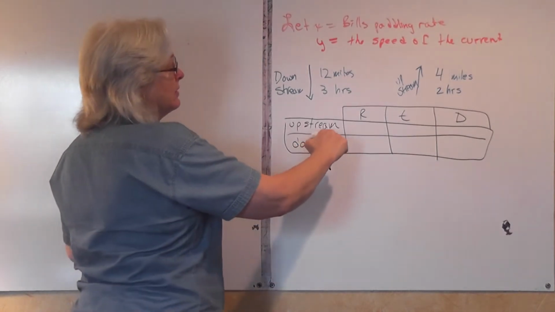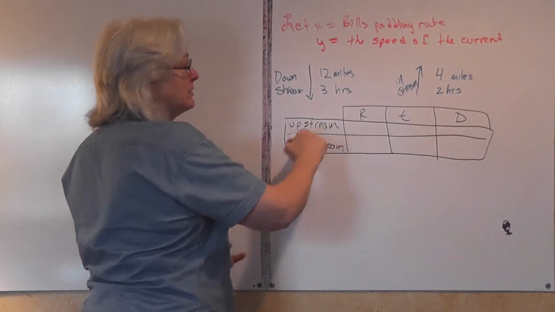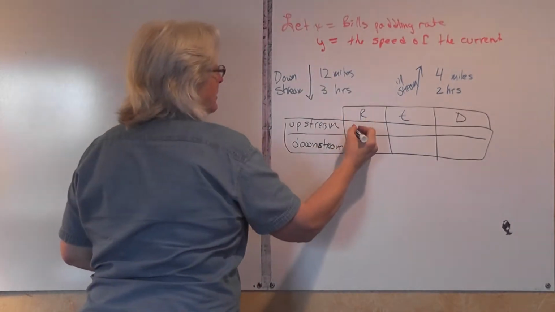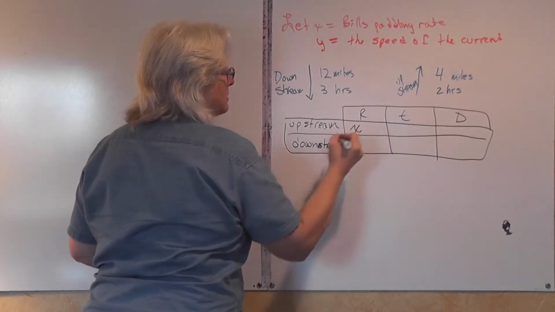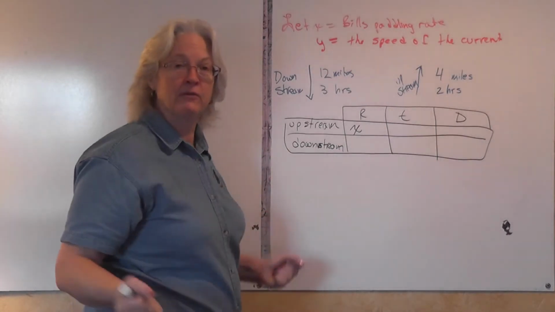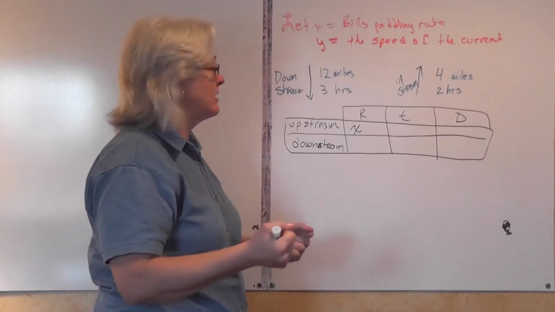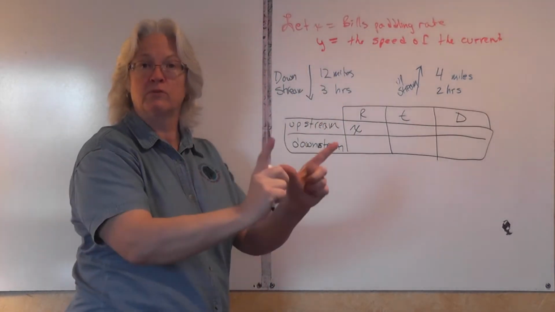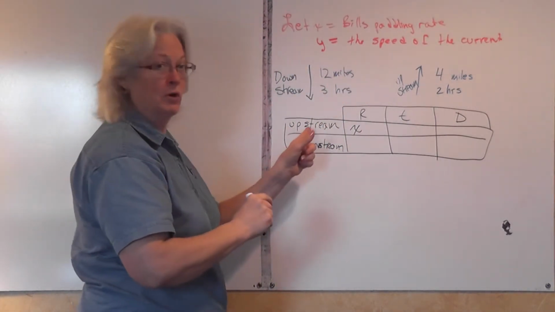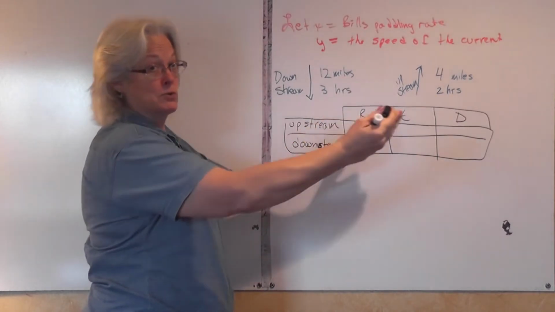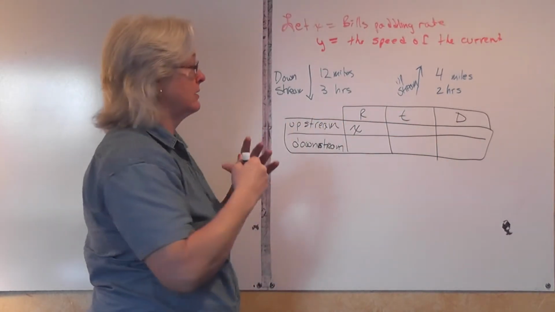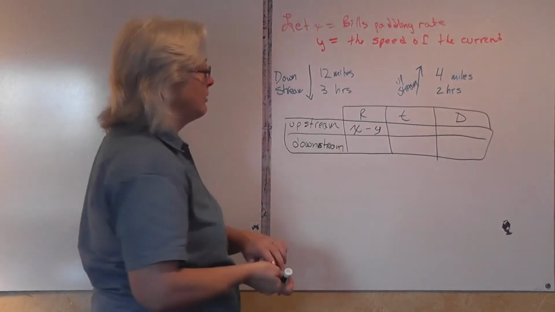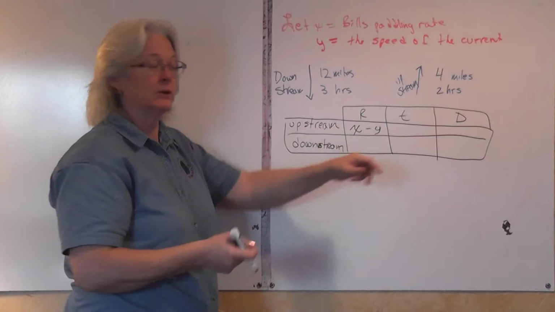So what's our rate going to be upstream? Well, it's going to be Bill's paddling rate, which is x, always going to be affected by how fast you're traveling. But then the speed of the current is either going to work for you or against you. If you're going upstream, that current's working against you. It's pushing you back. So you subtract the rate of the current when you go upstream.